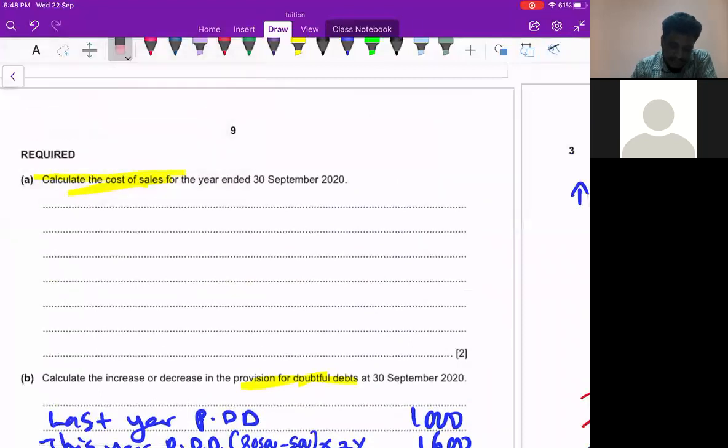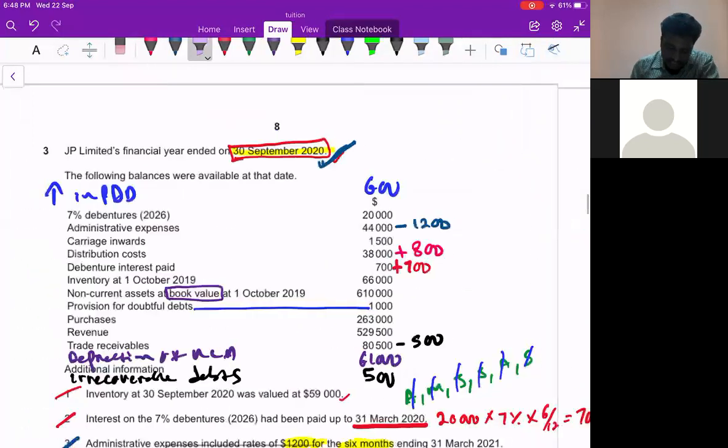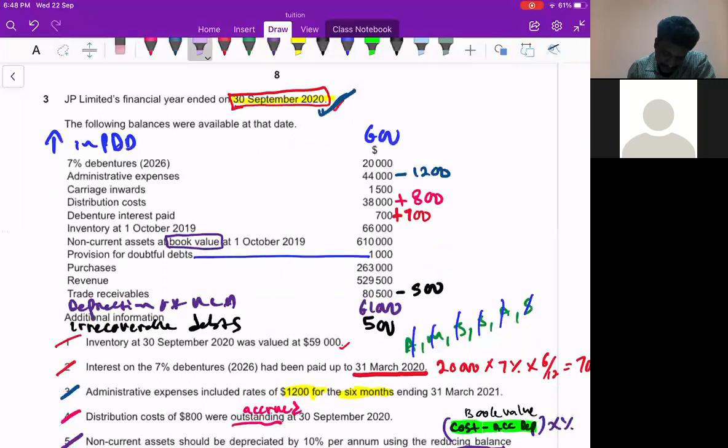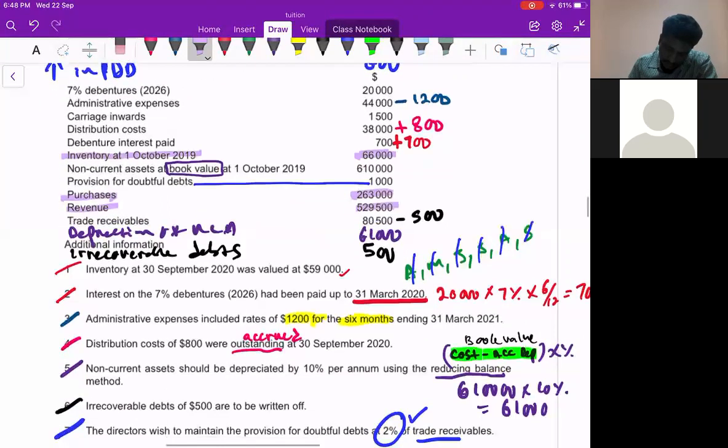Question number A, they asked me to calculate cost of sales. Even though they ask you to calculate cost of sales, better to do the statement. In a statement way is the easiest way, fastest, and get more marks. Okay, I go highlight all the information related to cost of sales. Yes, opening inventory is related to cost of sales. Purchases, yes, and also closing inventory.